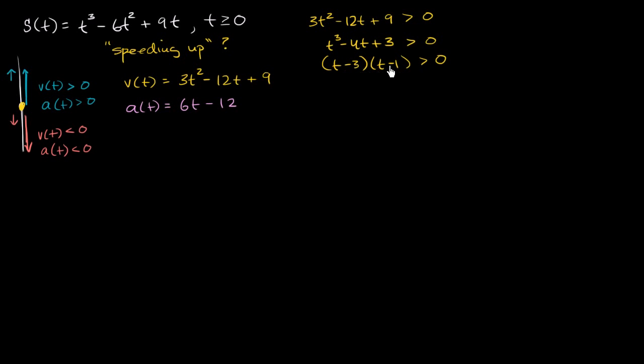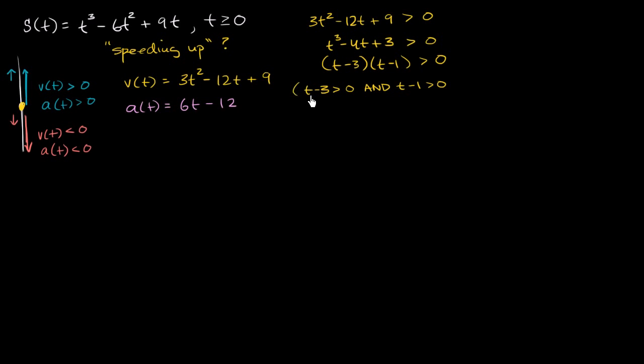And if I have the product of two things, when is the product going to be greater than 0? Well, when they have the same sign. They're either both positive or they're both negative. So this is going to happen when either t minus 3 is greater than 0 and t minus 1 is greater than 0.